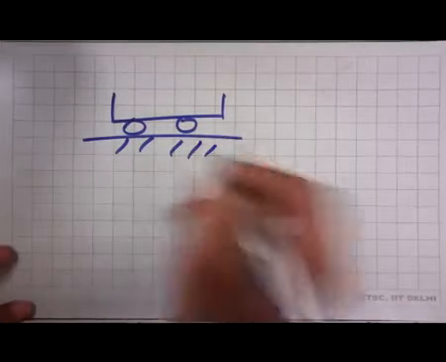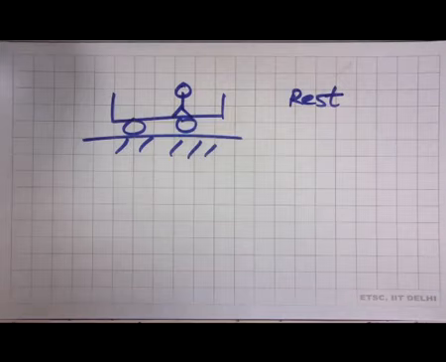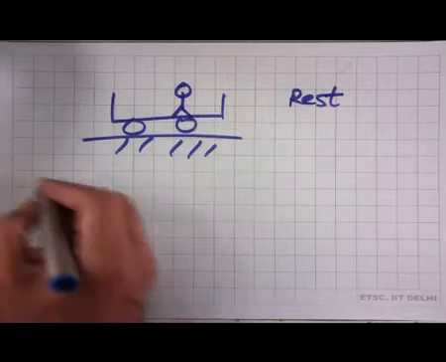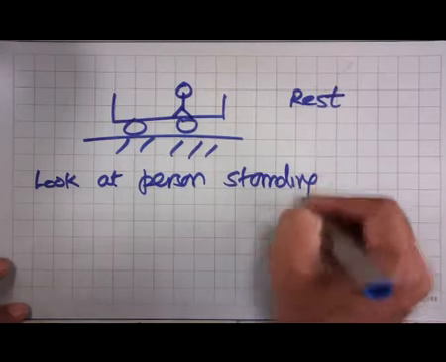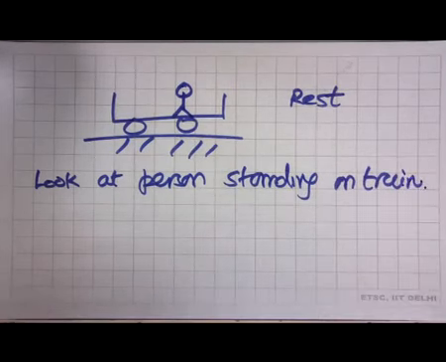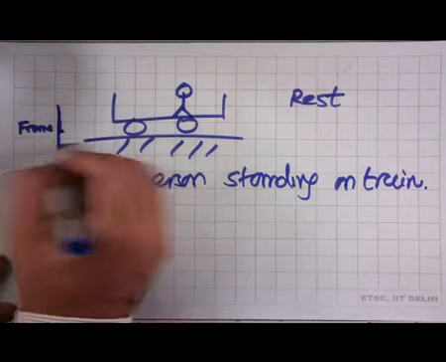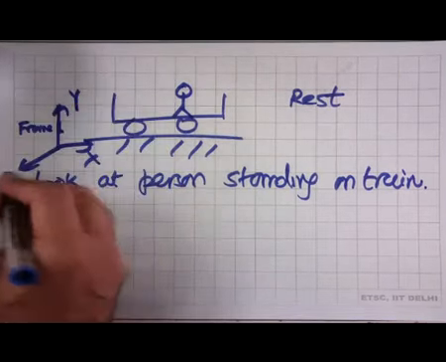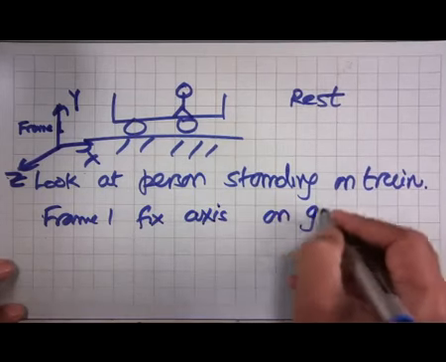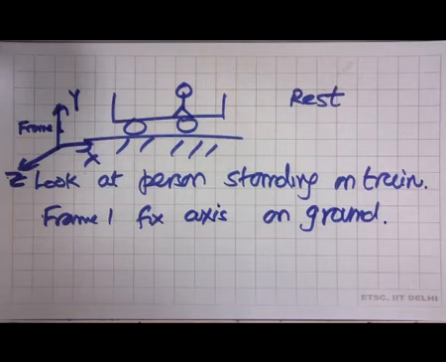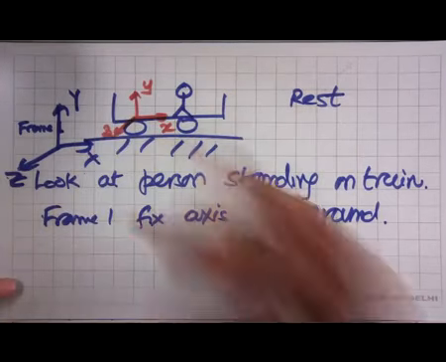So, let us say this is the carriage of a train and the train is at rest, and a person is standing on the train. The person is not moving with respect to the train, so is at a state of rest. Now, let us say frame 1, we fix the axis on the ground, and frame 2, which I show with a different color, I put as small x, y, z.